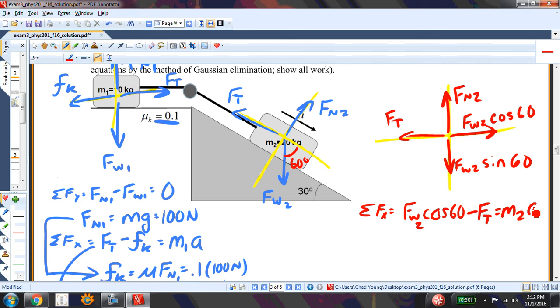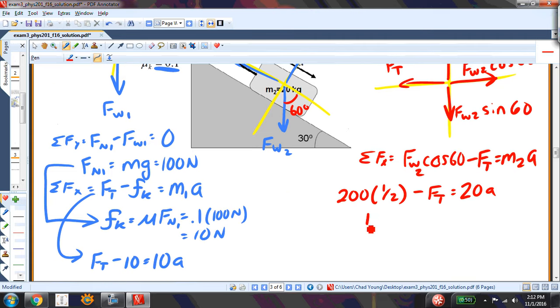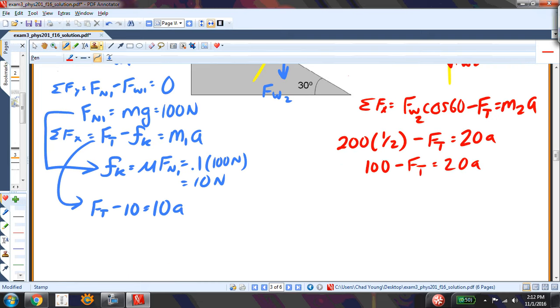So the mass of this is 200. 200 cosine of 60 is a half, or 0.5, minus Ft equals 20a. So that's 100 minus Ft equals 20a. Now we can solve these by substitution.